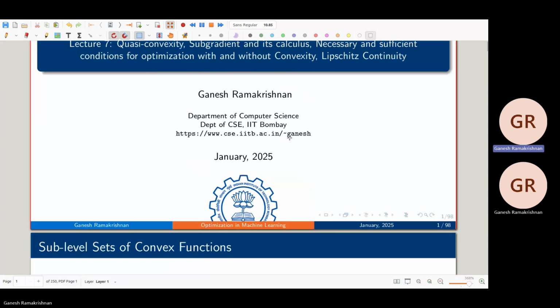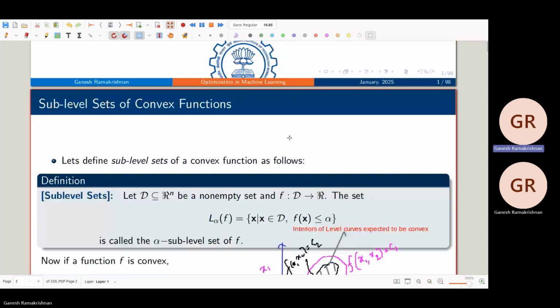So you might recall that we discussed the sublevel sets of convex functions. And that is our basic motivation for quasi-convexity. So the trajectory will be sublevel sets, and I had given you a homework problem, right?